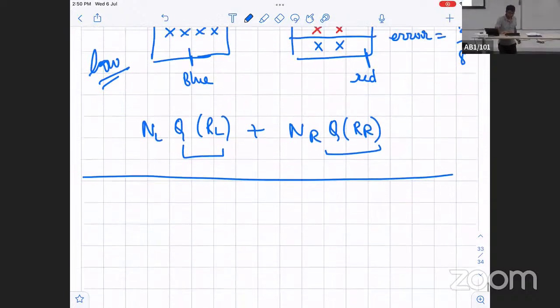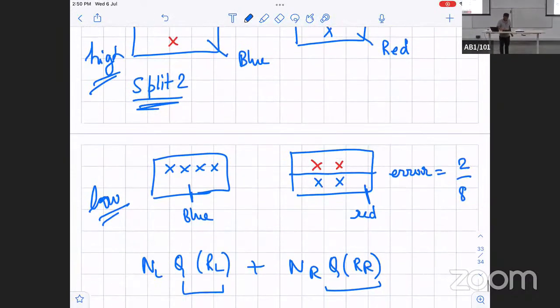Okay, so let me just say, what is the thing you want to do? You want to come up with the regions and you want to come up with the values for the regions. If I give you the regions, for coming up with the value, what we will do is find what the majority of points under that region are. Now the question is what regions to come up with. You will try every feature one after the other.